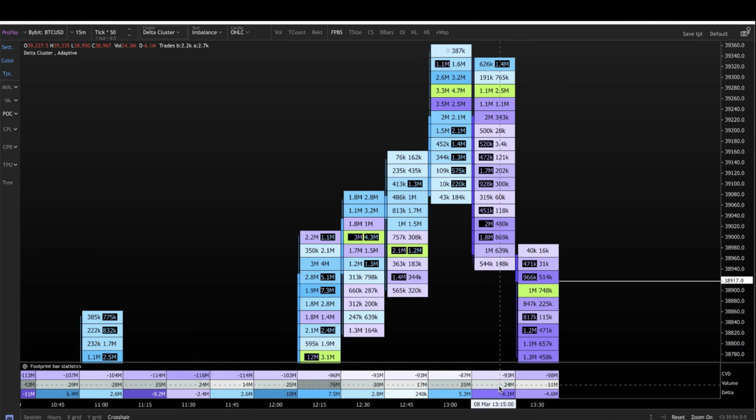The footprint bar is giving me everything in one, showing me for this entire candle, there was 24 million volume and there was negative 6.1 million delta, which essentially means that out of this 24 million total volume, there were 6.1 million more shorts than there were longs.